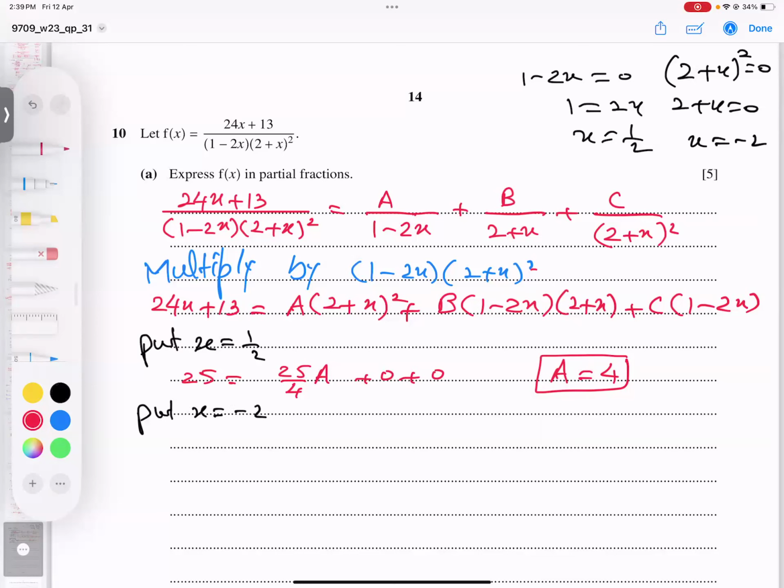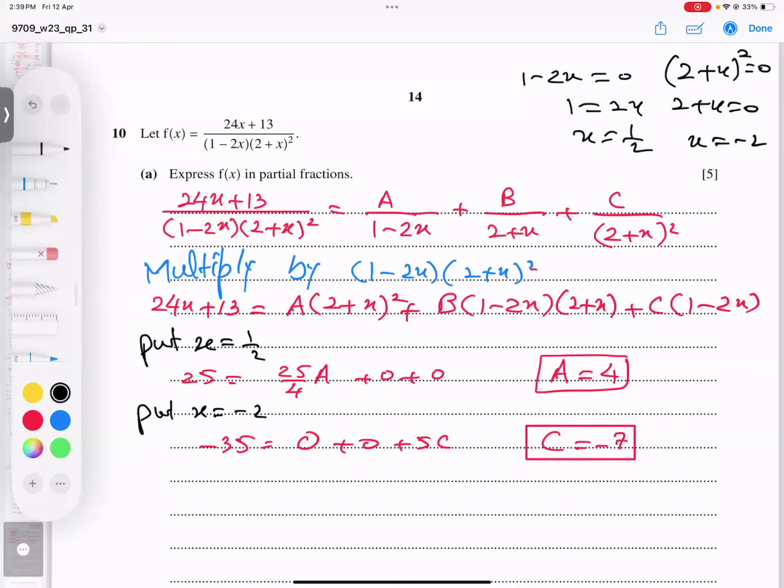When I plug in -2 here, I get 48, and 48 minus 35, minus 13, is gone. So -2 here becomes 0. But -2 here gives us 5c. So this will go down and c becomes -7.